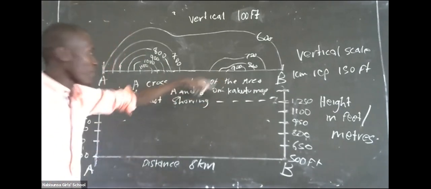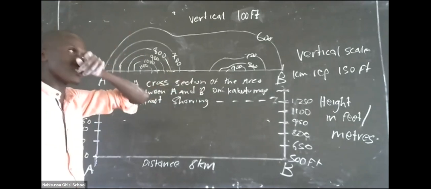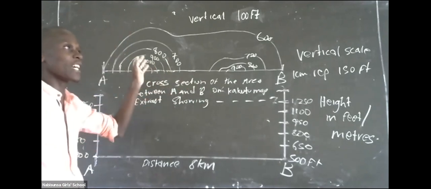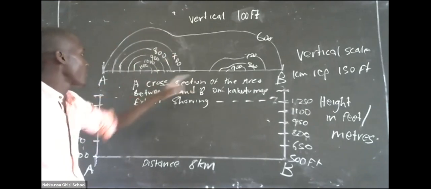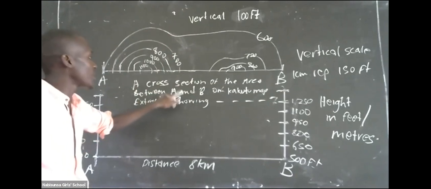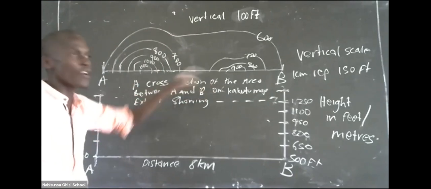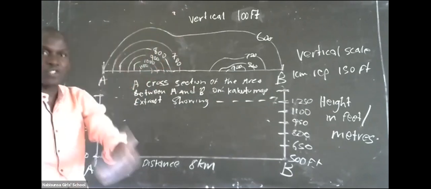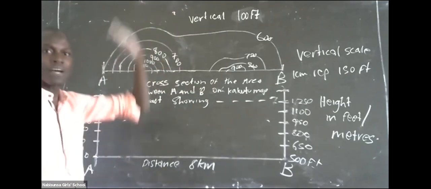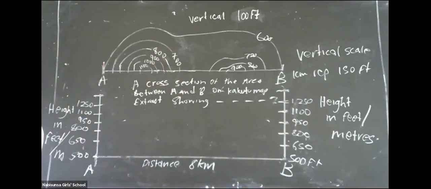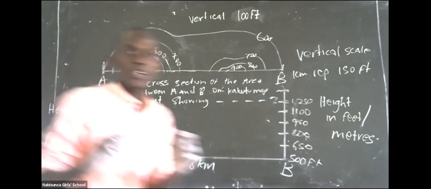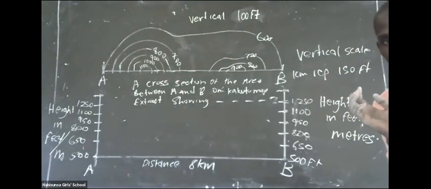We need which area. In the question where they tell you to draw a cross section between grid reference A and this, then you have to say a cross section of the area between grid reference this and this one, and on, you give the name of the map extract, on Kakuto map extract, on Nabisunsa map extract, showing. Are you getting what I'm trying to say? Remember, in the question they already give you the area of interest.